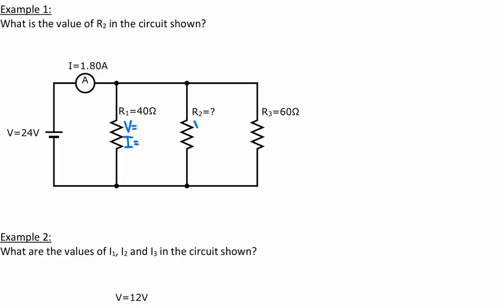And then R, V, I at the second resistor, and R, V, I at the third resistor. So I've got V, I, R at every resistor, and V and I at the power source. Okay, so that was my first step. Not really doing any math or anything with numbers, just setting things up.